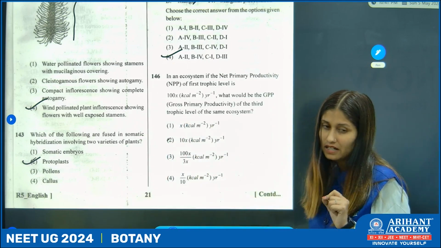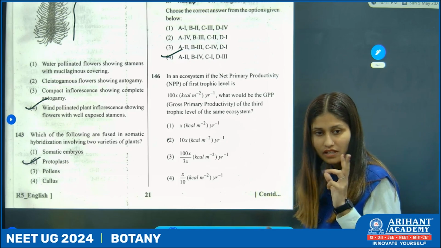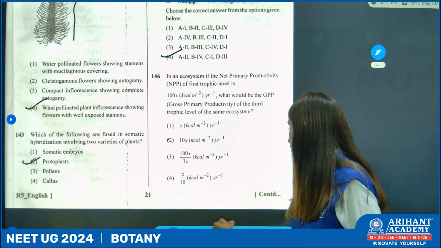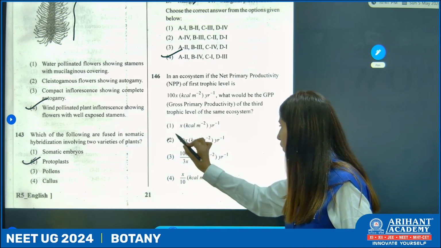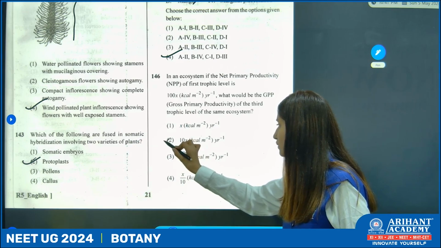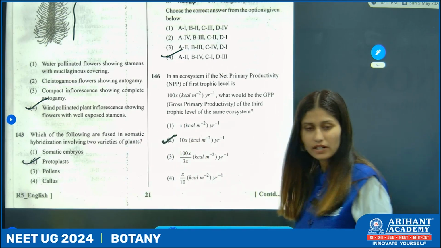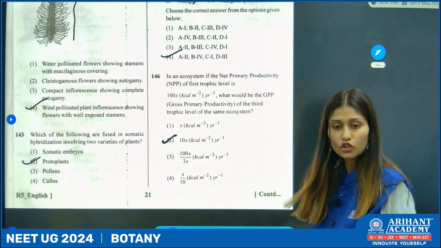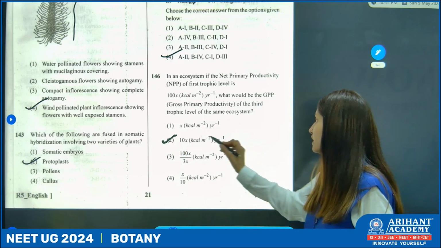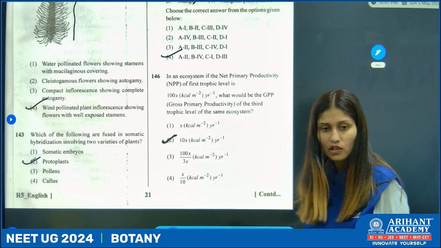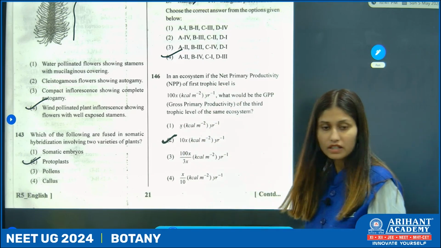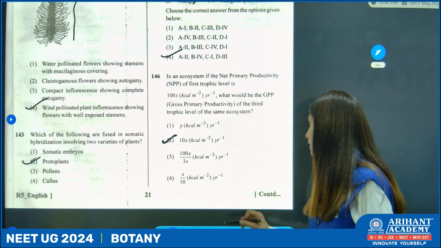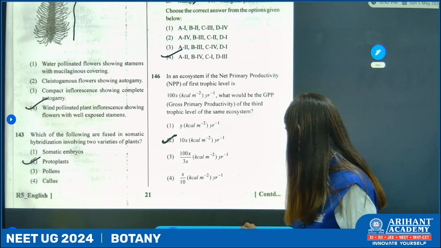Here there is a little chance of differences in the answer. So this would be either 1 or 2. Let's see what would be the right one, but right now let's go with option number 2, 10x. Okay, but when we check according to the concept, x would also be the answer for this. Okay, the next question.